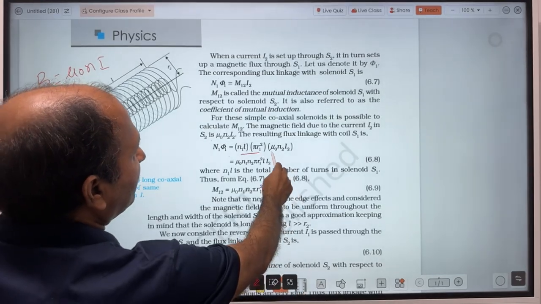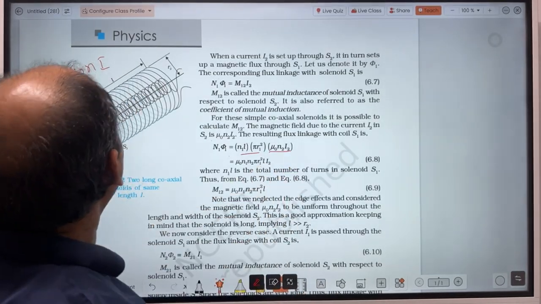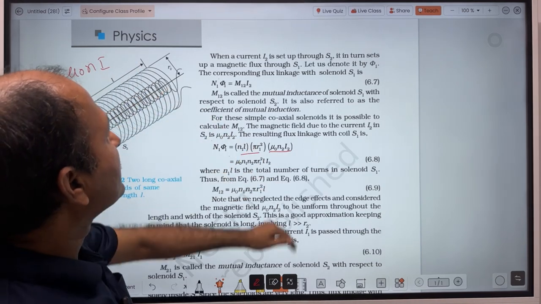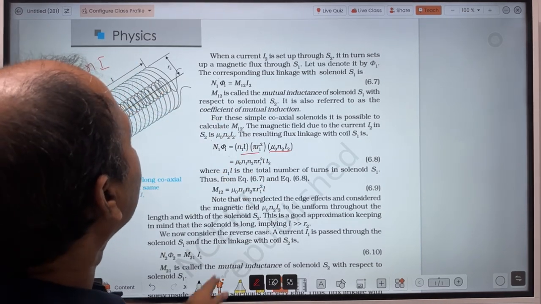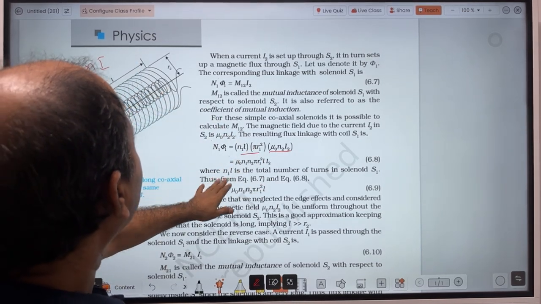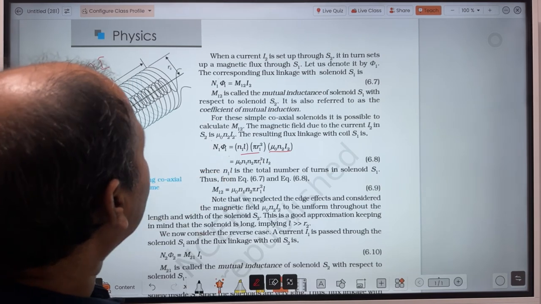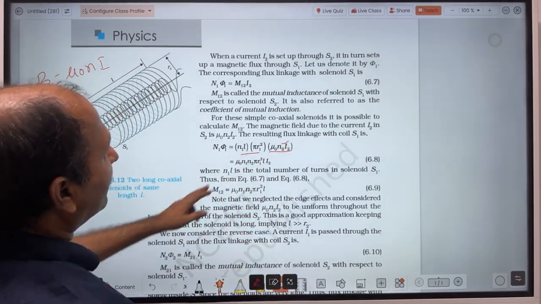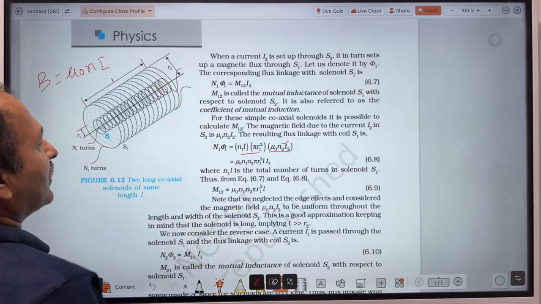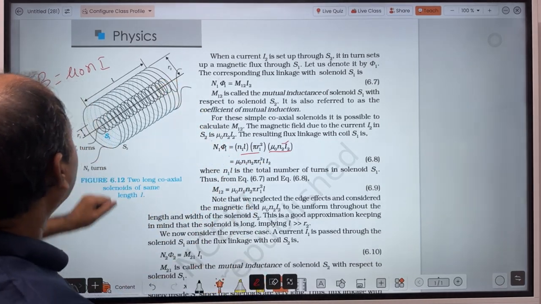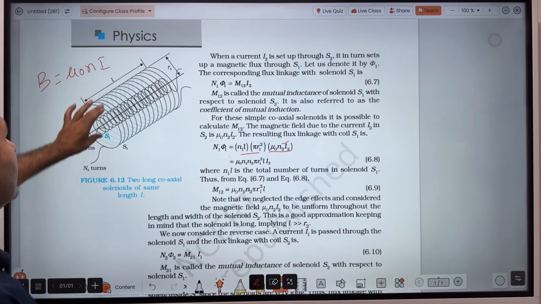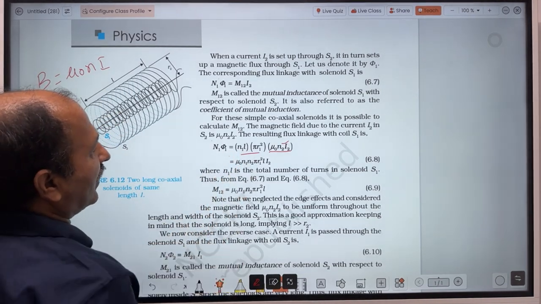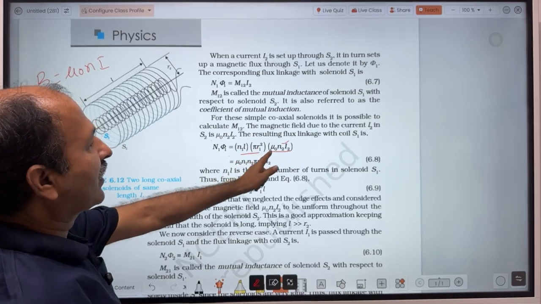This is the magnetic field, μ0 N2 I2, because current is flowing in the secondary solenoid, and here BA is the field times the area per turn. So we have to consider the total area, because there are many turns in length L. That is why we write N1 L times πR1² times this.